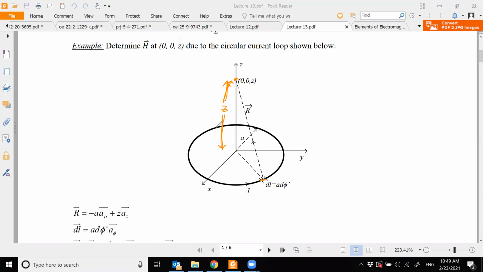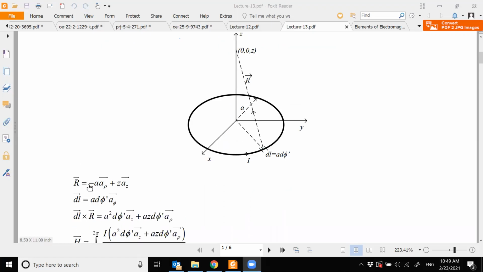Now, what will be my distance vector? It will be pointing from the source to the observation point. So this will be the direction, from the source to the observation point. This is my R. So now based on this, again, we can do the same thing. We can first find R bar. Going from here to here, how can you go?